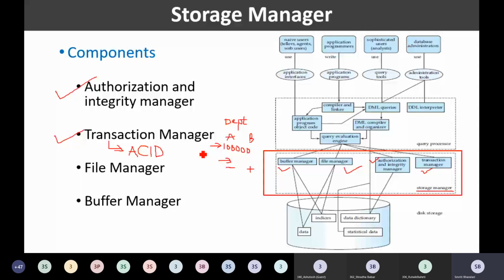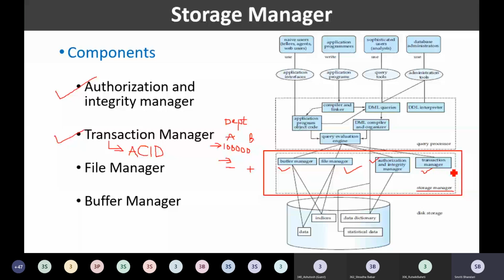In fact, we are going to discuss all those concepts in this course. But with respect to this database system architecture, I am just introducing those concepts in brief. So we are having one of the components of our storage manager, and that is transaction manager. So what are the responsibilities of transaction manager? Actually, my transaction manager should take care of the ACID properties of the transaction.